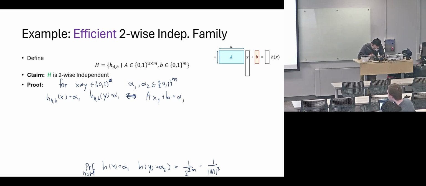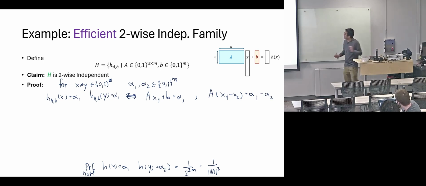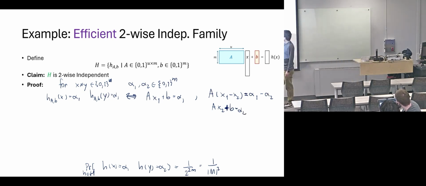But I claim that it's also true if this is the case. Because the second equality that I have is this thing, what I do is just subtract, so this thing is obtained by subtracting this equality from this one. So I get this thing.